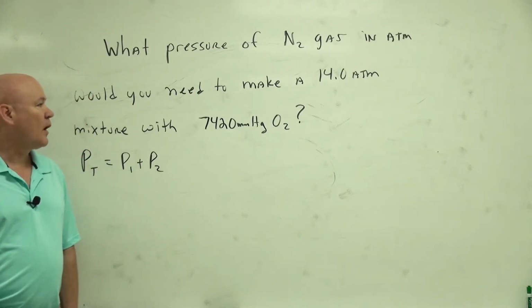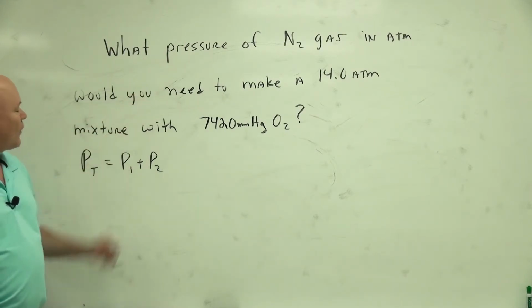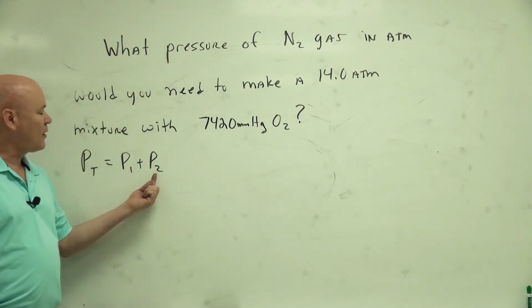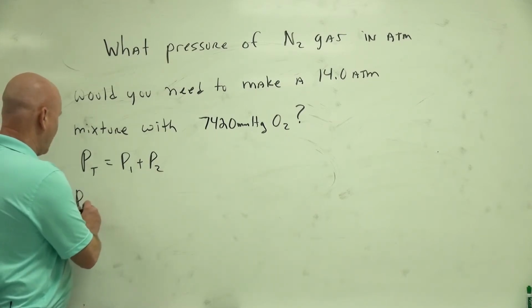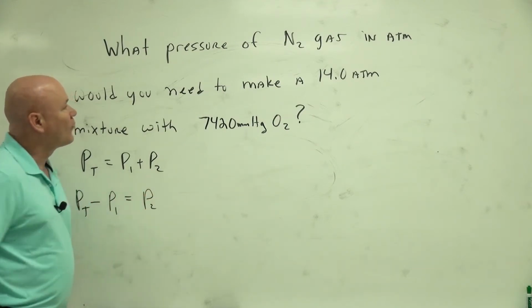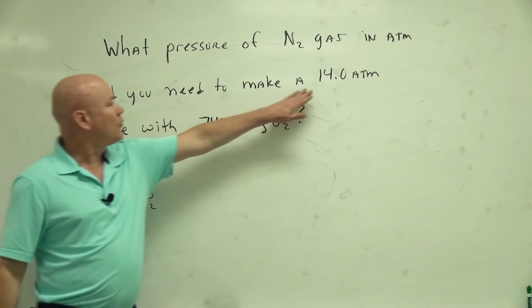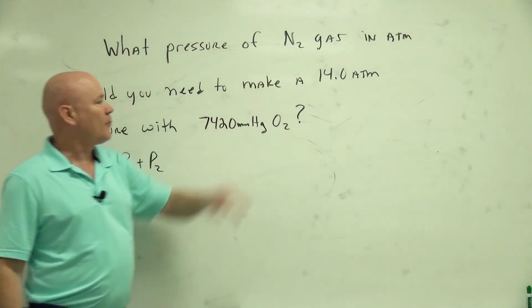We have two gases. What I'm trying to find is the pressure of nitrogen gas, which is P2. So to find P2, I'm going to take the P total, which is 14 atmospheres, and subtract off this pressure to get that pressure.